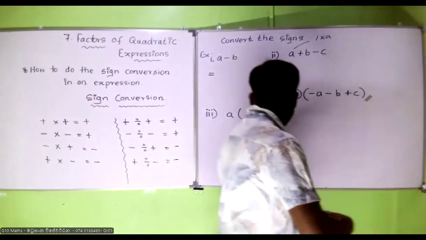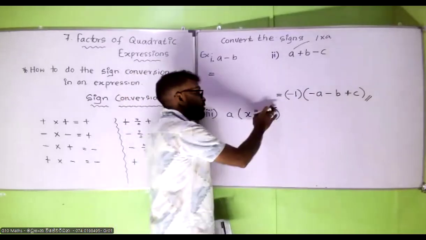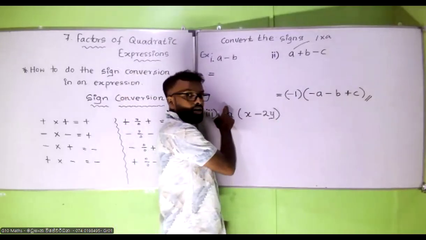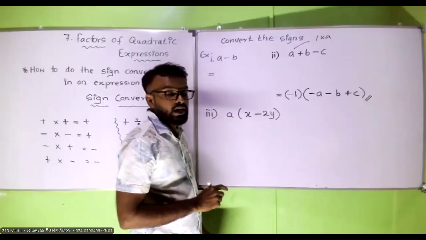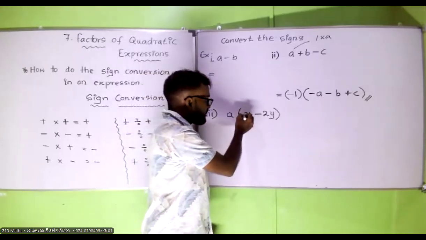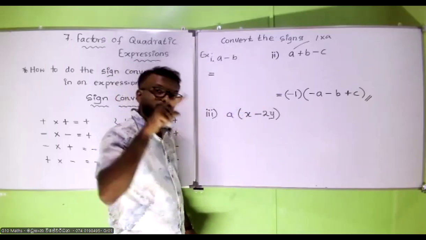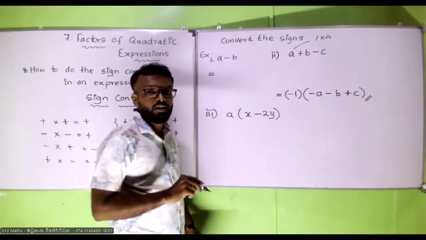I'm not going to tell you: remove the brackets. I told you to change the signs inside the bracket. If you want to do that, how are we going to do it?